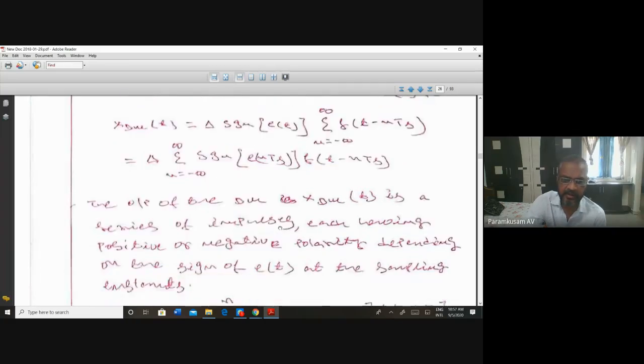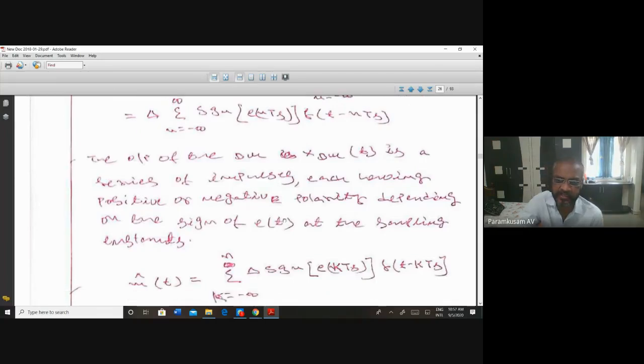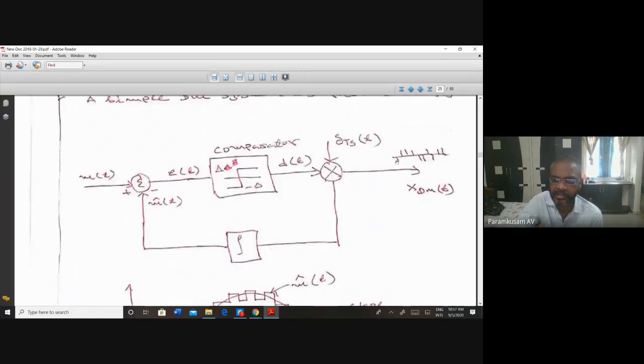Finally, you write that the output of the delta modulator, x dm of t, is a series of impulses that we have discussed in the previous class. Finally, x dm of t is equal to a series of impulses.